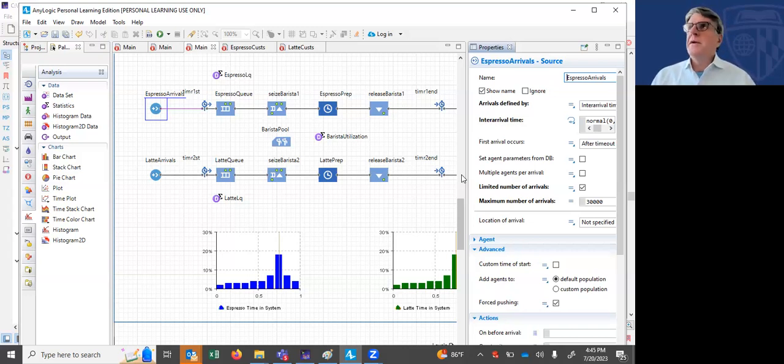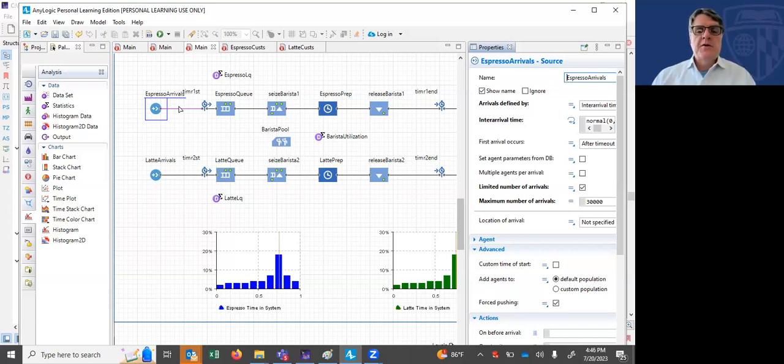So when we want to figure the time in the system, we know 3/4 of the traffic are espresso arrivals. So we'll take 3/4 of the waiting time in system of the espresso folks, 1/4 from the latte folks, add those together. And that's going to be our estimate of the expected average time in system across both types of customers.